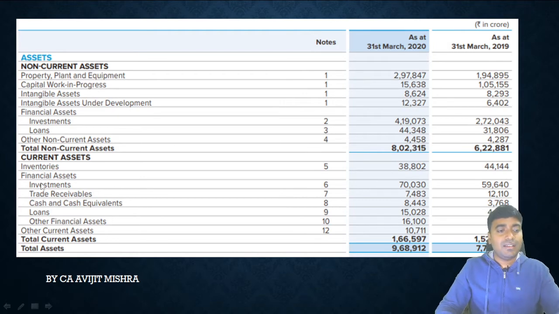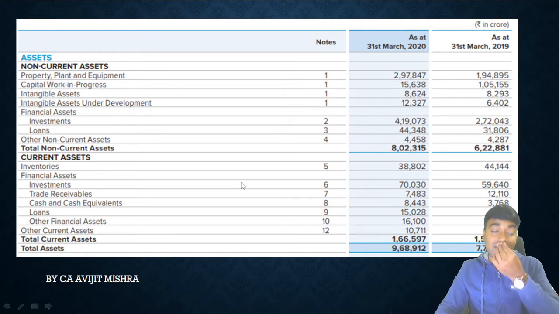In the same manner, certain financial assets are also coming. What are the financial assets? One is investment, then trade receivable, cash and cash equivalent, loan, and other financial asset. Investment means if Reliance has invested some amount of money in shares or debentures, that will come as an investment. Trade receivable is when Reliance has to receive some amount of money from its customers.